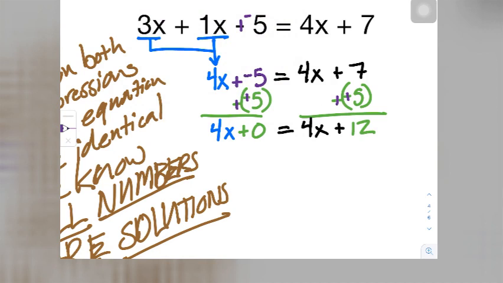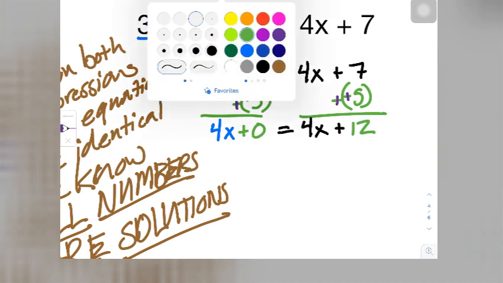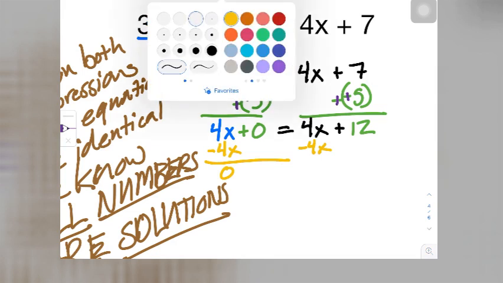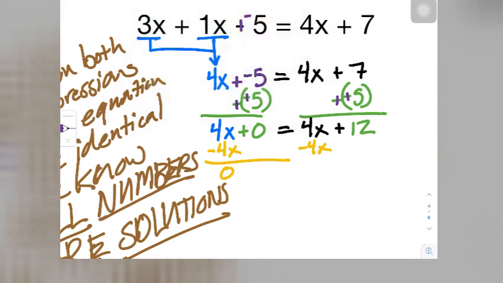Okay, so let's see. I still haven't simplified these all the way yet. I'm going to keep going. I'm going to simplify by subtracting 4x next, minus 4x, minus 4x. And now I have 0, right? I have 0 plus 0 on one side. This is 0 plus 0, which we know what that equals.